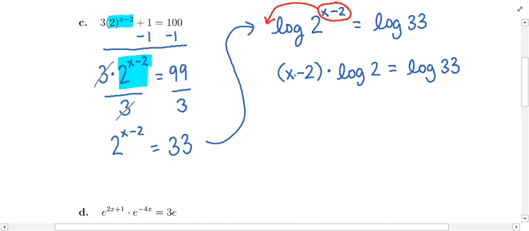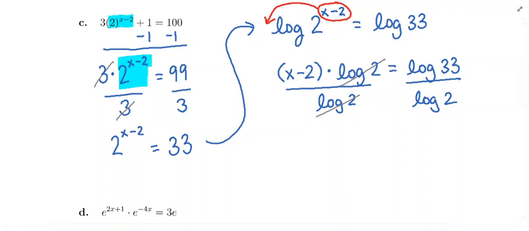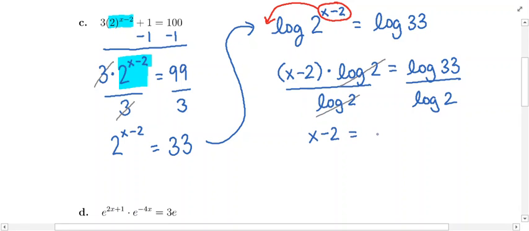Well, since this quantity x minus 2 is multiplied by the log of 2, I'm just going to divide off the log of 2. It's just a number. So on the left, the log of 2 will cancel with the log of 2. That's going to leave x minus 2 is equal to the log of 33 divided by the log of 2.